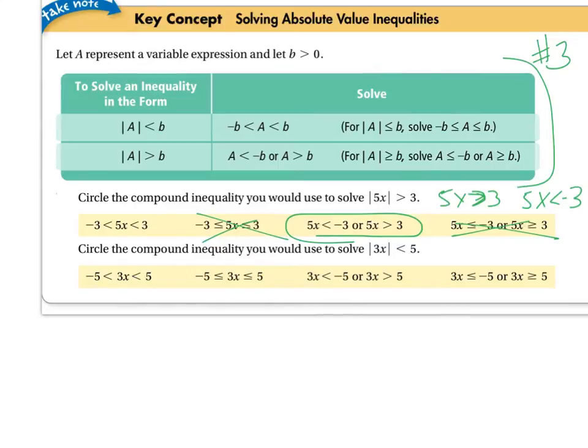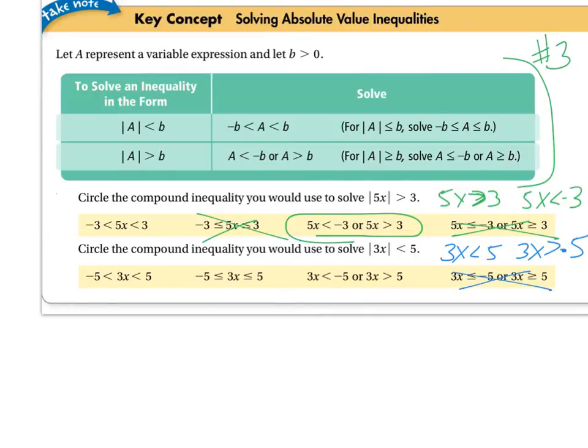Let's look at the next one. Here we have 3x is less than 5. So 3x is going to be less than 5, and 3x is going to be greater than negative 5. Once again, we did have the inequality change when it became negative 5.